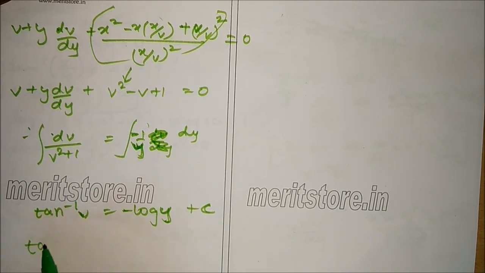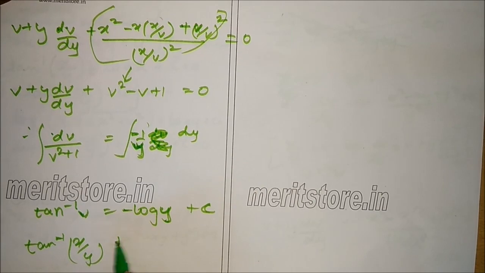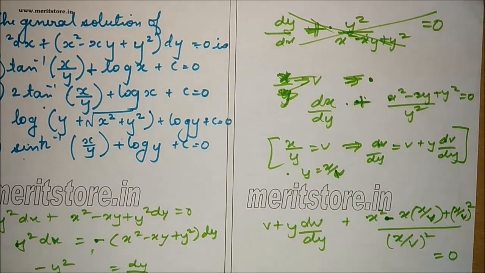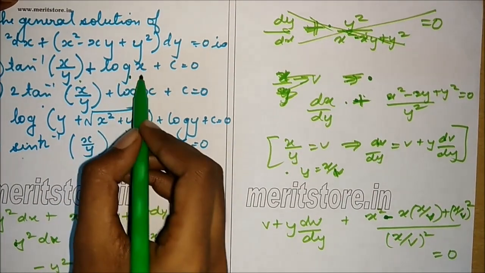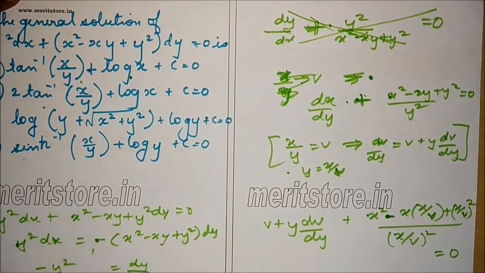So tan inverse of v, which is x by y, plus log y plus c equals 0. This is a solution.